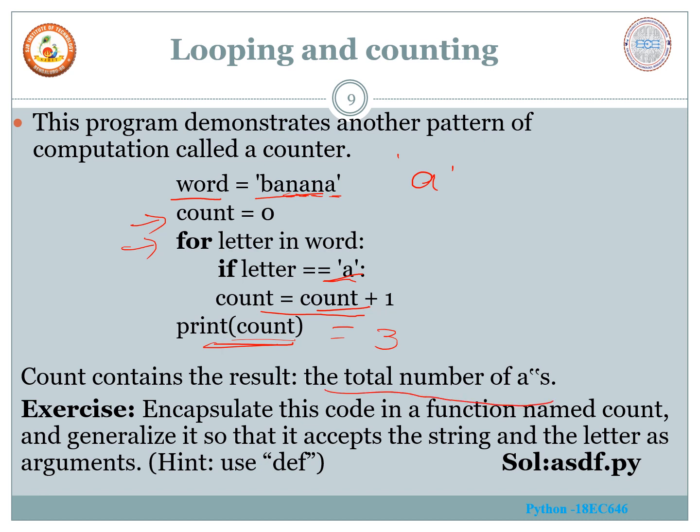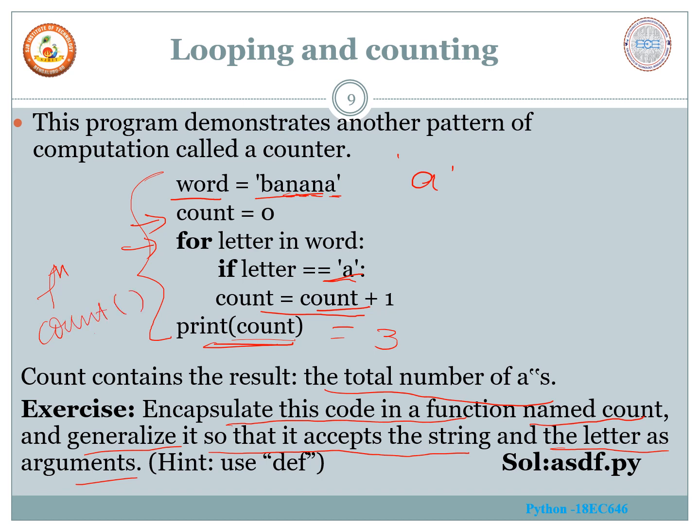And you have an exercise here where you encapsulate this code in a function named count and generalize it so that it accepts the string and the letter as arguments. So I need to encapsulate this entire code that I have written in a function, and that function I will call count.